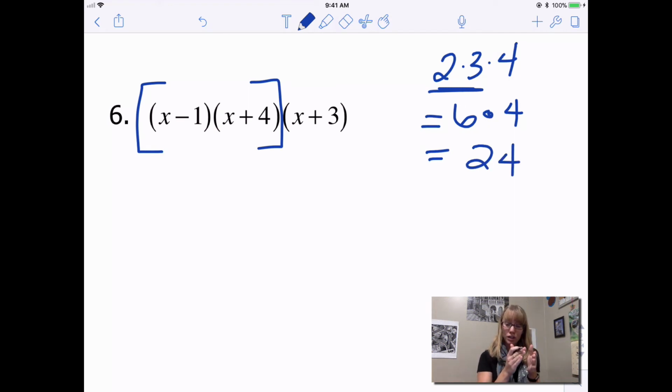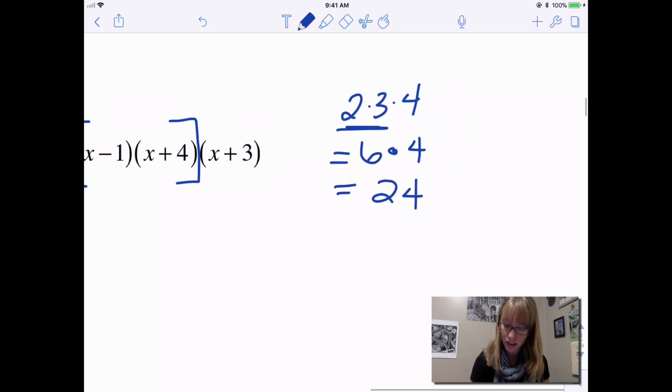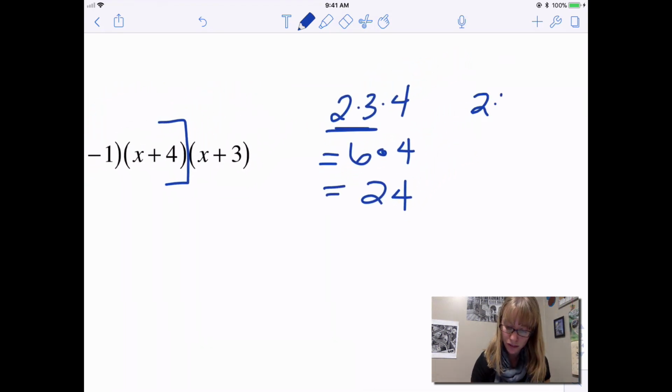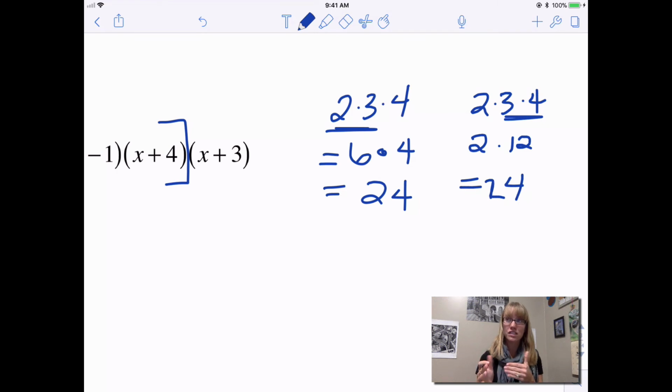I multiply 2 first, and then I can multiply the last one. Or I might say, alternatively, 2 times 3 times 4, I could say this is 2 times 12, which is also 24. So it doesn't matter which 2 I multiply together first. I just want to multiply 2 of them, and then multiply that third one in.